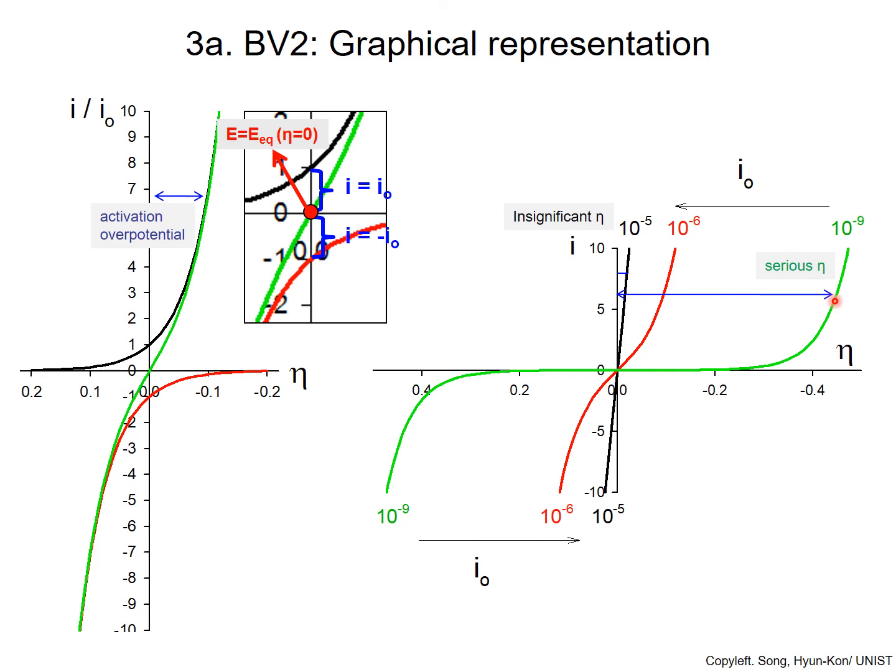However, in the case of the very large value of the exchange current, it looks almost like a vertical line. If you decrease the exchange current from some value to 0, then maybe you could not have any current over all of the potential range.